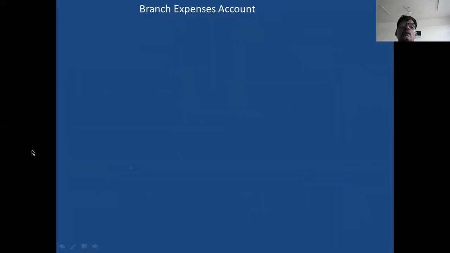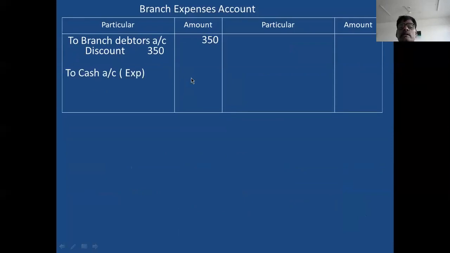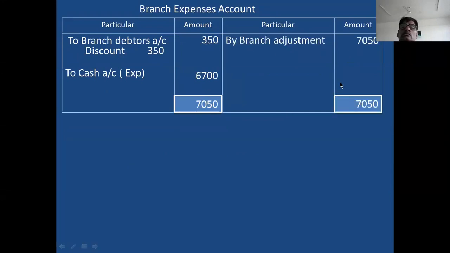Okay. In the branch expense account, to debtors account 350, that is discount. To cash expense 6,700. Total 7,050. 7,050 goes to adjustment account, branch adjustment account.